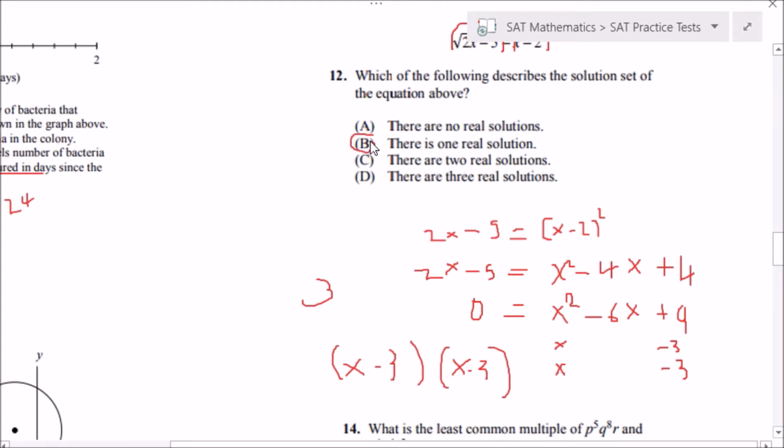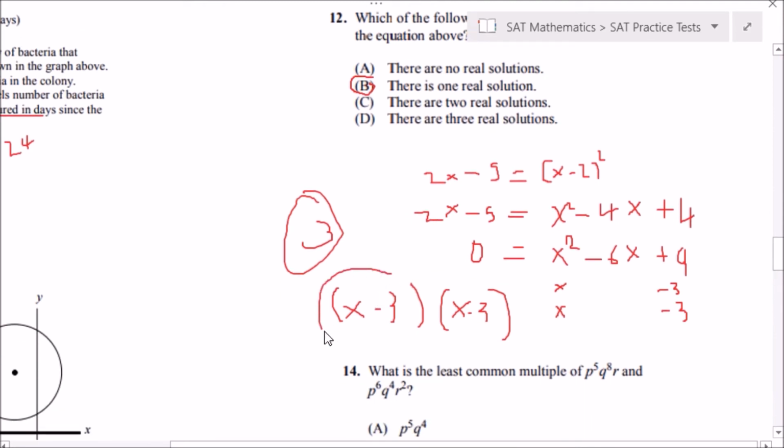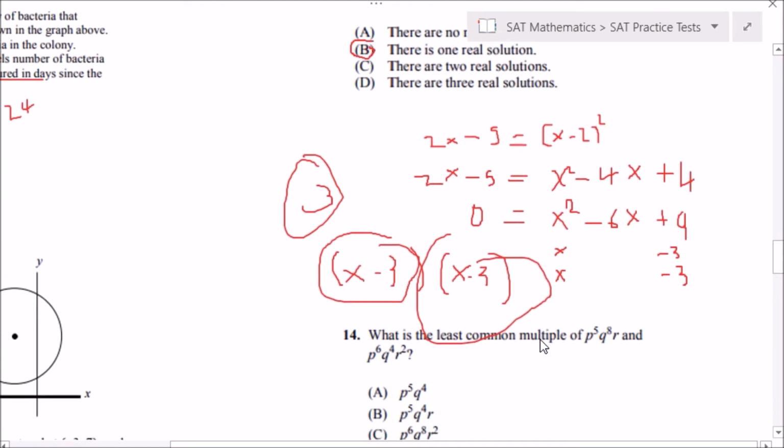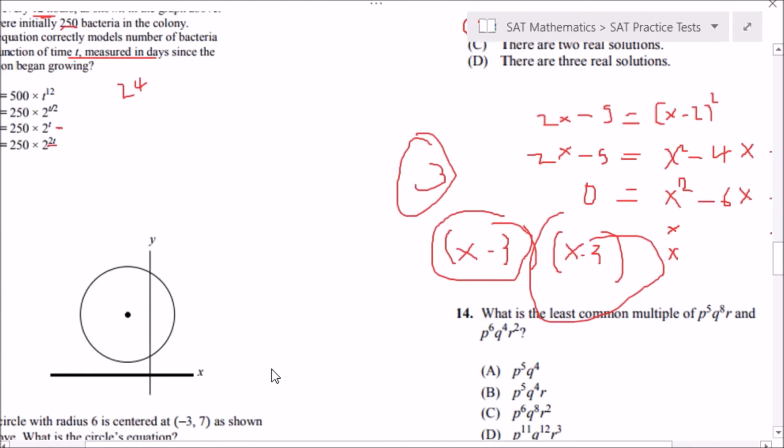You can get tricked and say there's 2 solutions here, but 3 is only one number. These are the 2 values that will give you x squared minus 6x plus 9, but there will be only one real solution, one real 0.